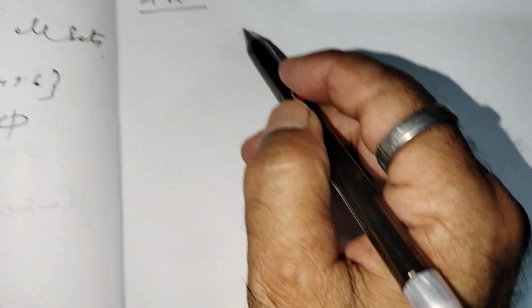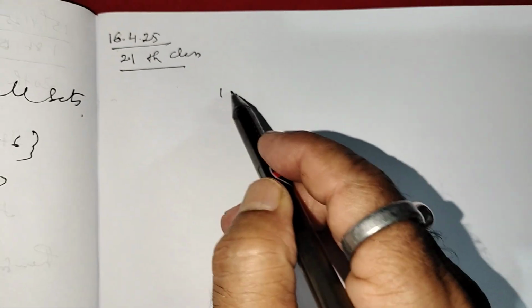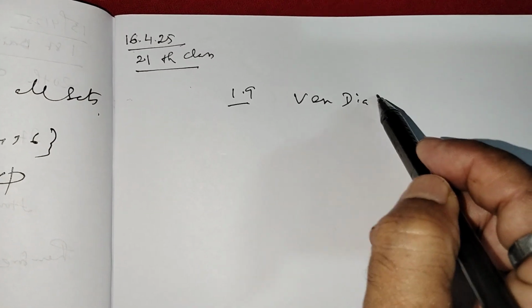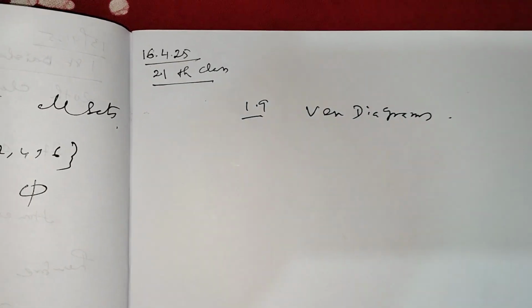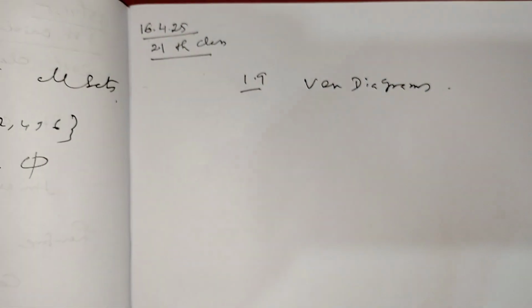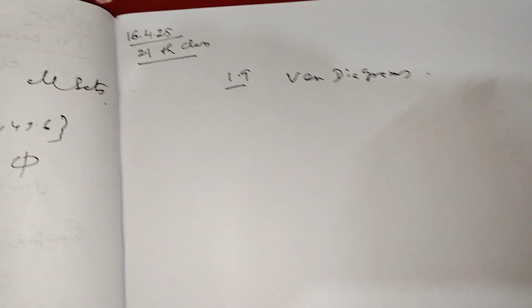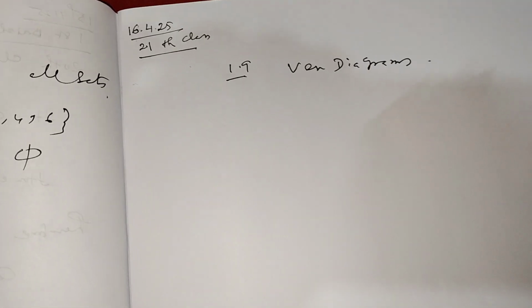So students, today we have 1.3 Venn diagrams. Venn diagrams mean two sets are in common and there are subsets.